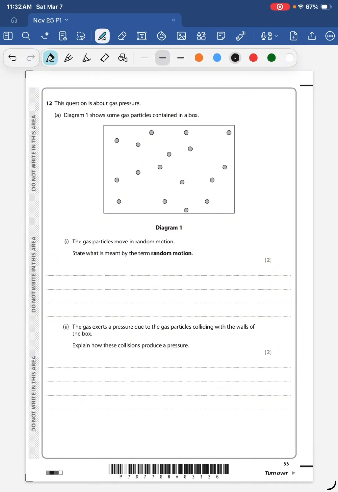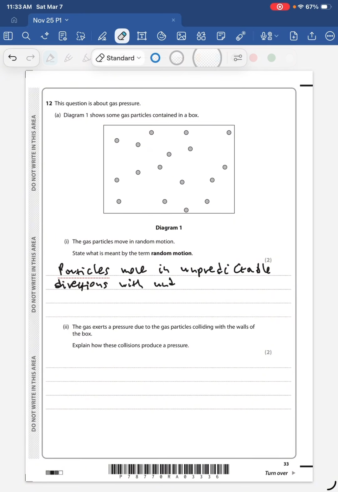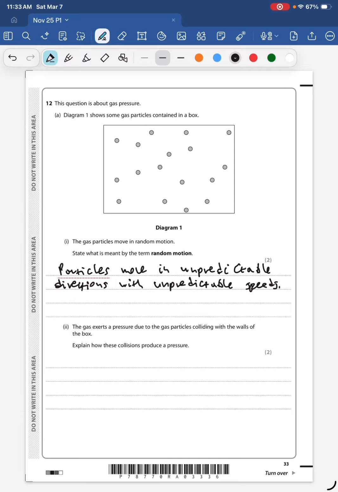So particles move in unpredictable directions with unpredictable speeds.